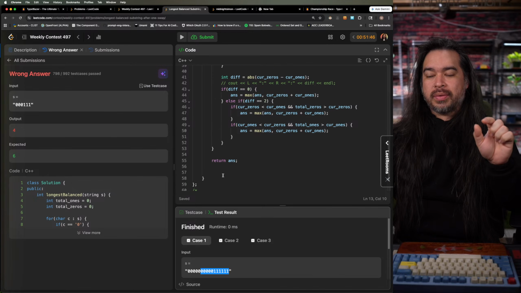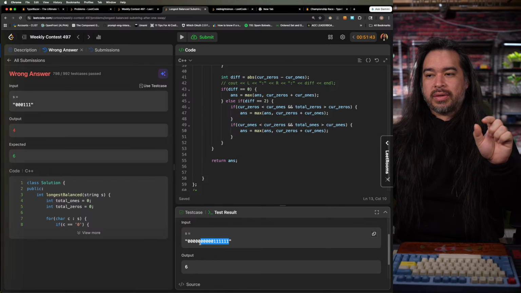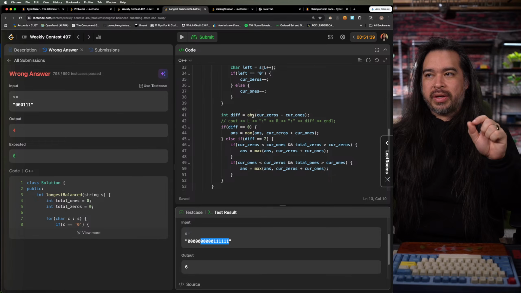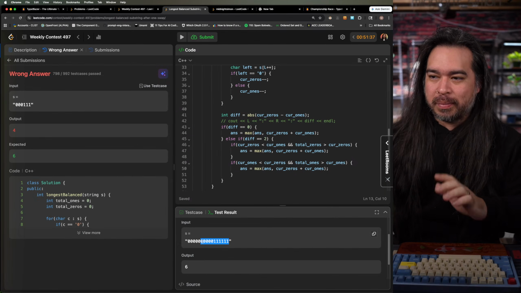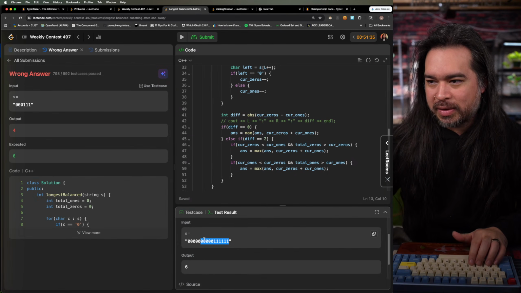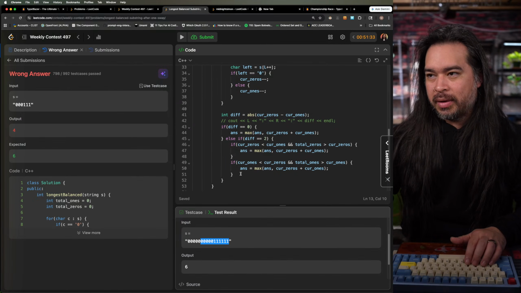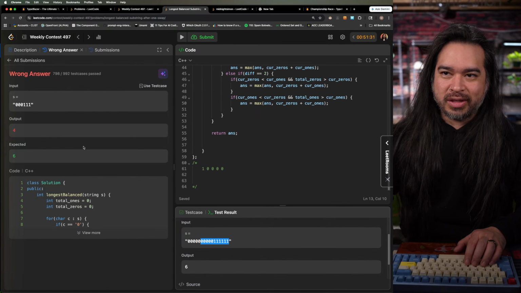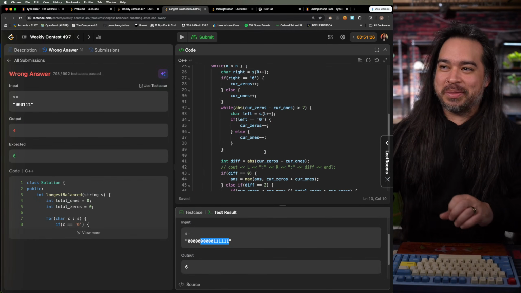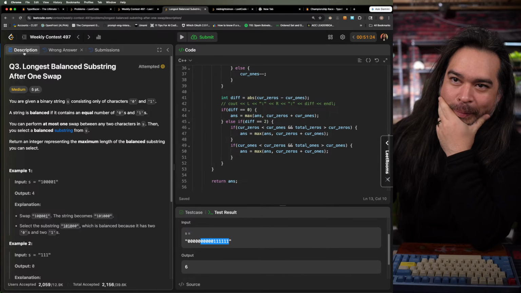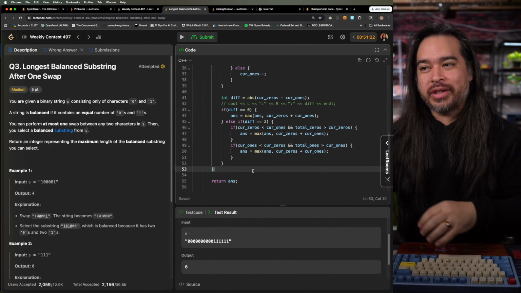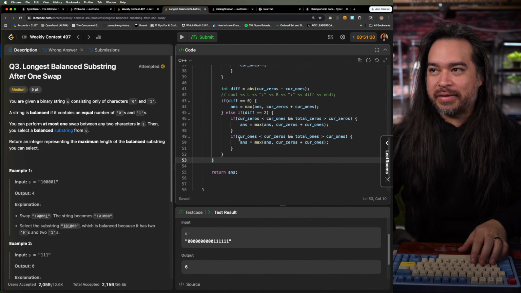We binary search on the size of the window, but then we also see if there are more zeros or ones outside of that window to pull from. I think that's probably gonna give me a correct answer, but I don't know if I want to code all that up, man. I'm gonna try. I guess I have to.